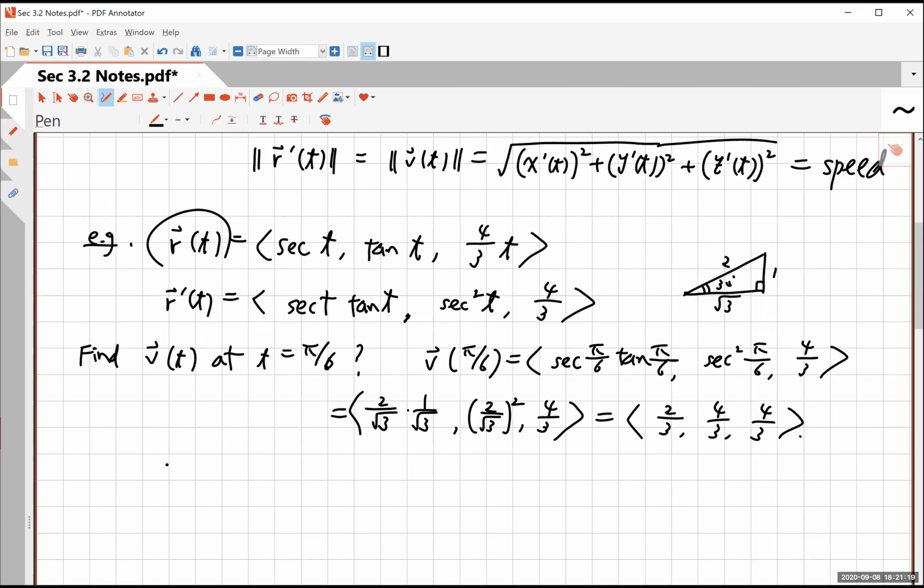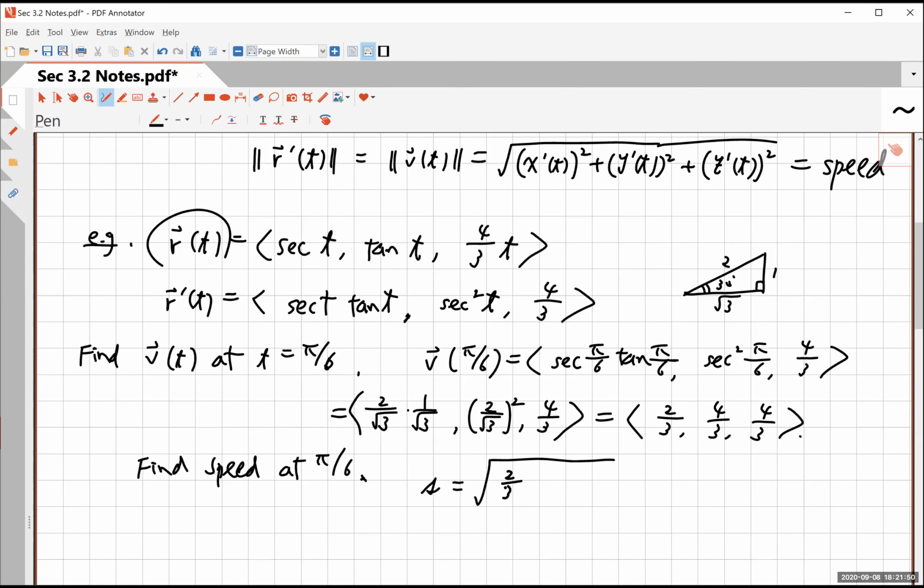All right, what's the speed at pi over 6? I guess I'm not asking a question, so that should not be a question mark. I'm really picky on grammar. So find the speed of this object at pi over 6. For that one, you find S, which is basically the length of this thing here.